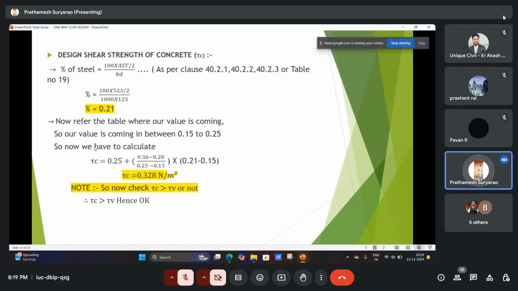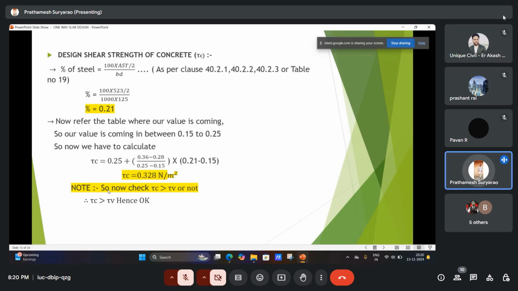So now we have to calculate tau c equals 0.28 plus (0.36 minus 0.28) upon (0.25 minus 0.15) into (0.21 minus 0.15). We have to refer to table number 19 to calculate this. So tau c we will get is 0.328 Newton per mm square.